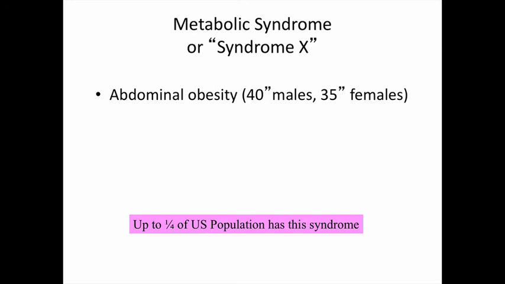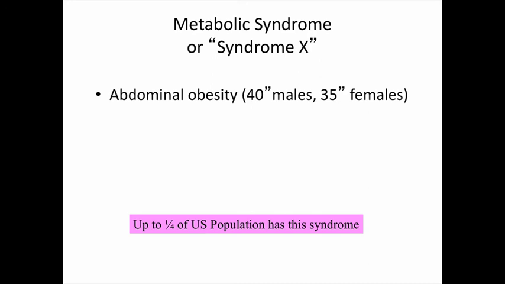It's been a little while since I've gotten an updated number for the percentage of the U.S. population affected, but I think a year or two ago they were saying that about 25% of the U.S. population has this syndrome, and the number was expected to increase to closer to 50% by I think the year 2025. I'll have to look at that exactly.